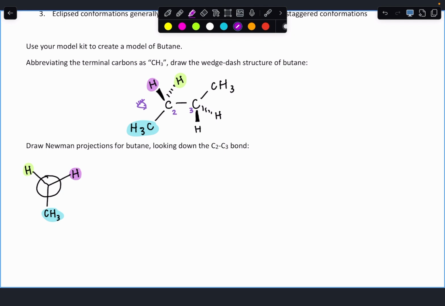Now, if we look at the back carbon here, in this wedge dash structure, the other CH3 group bonded to this carbon, this is our back carbon, rotated this way. The other CH3 group is directly opposite to the other CH3. So this back carbon has a bond straight up to a CH3. Now these are staggered.